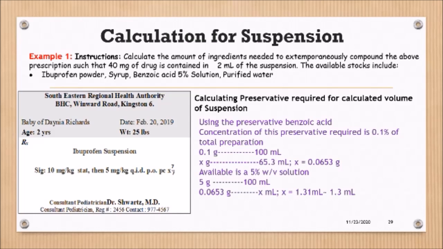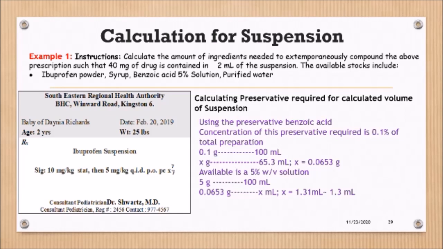Now, there you can do one of two things. You can weigh the 0.0653 grams of benzoic acid, or you can get it from a stock solution. When we look in the question, we don't have the pure powder of benzoic acid, but what we do have is the benzoic acid 5% solution. So we're going to have to get the 0.0653 grams of benzoic acid from the stock.